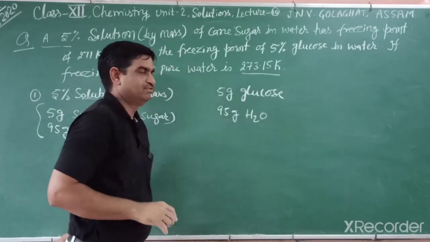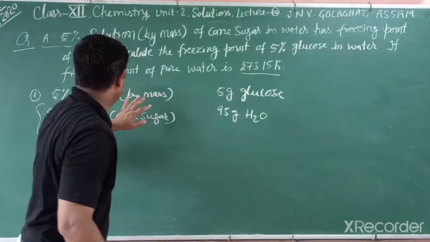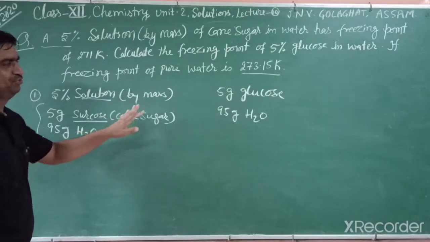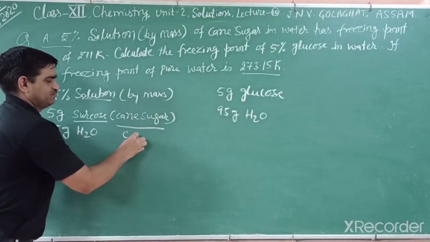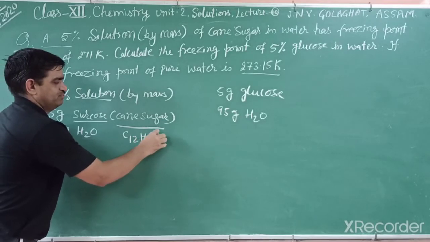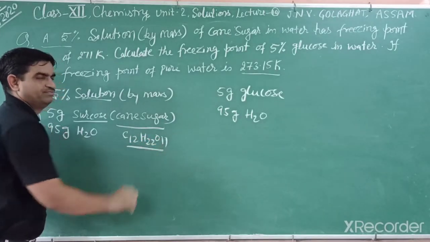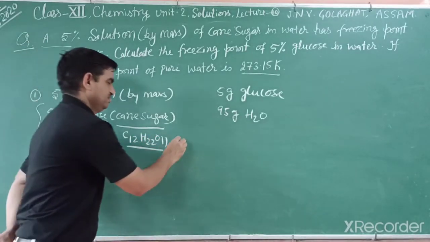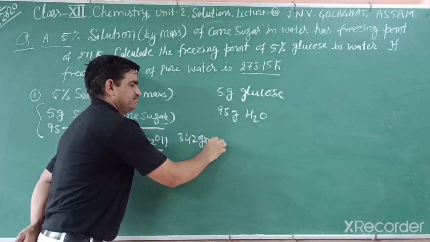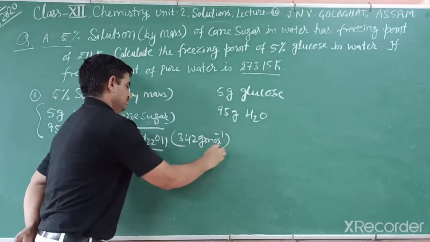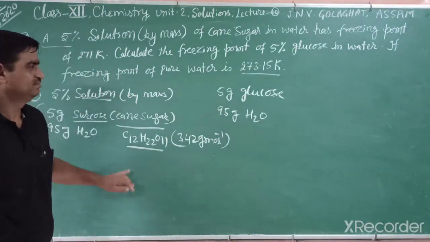At first we should know the cane sugar, sucrose and glucose formulas. Cane sugar formula is C12H22O11, and its molar mass is 342 gram mole inverse when we add all the atomic masses.